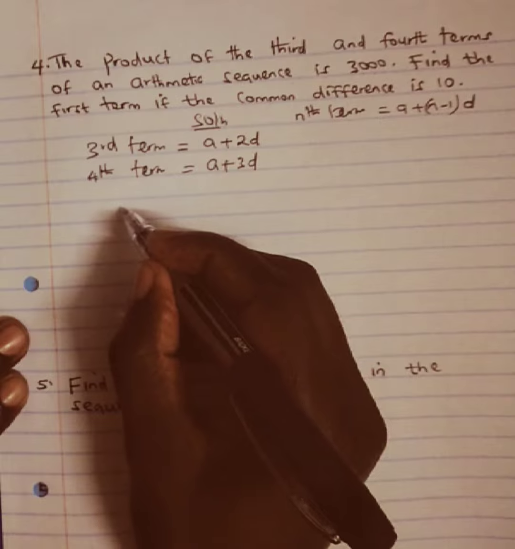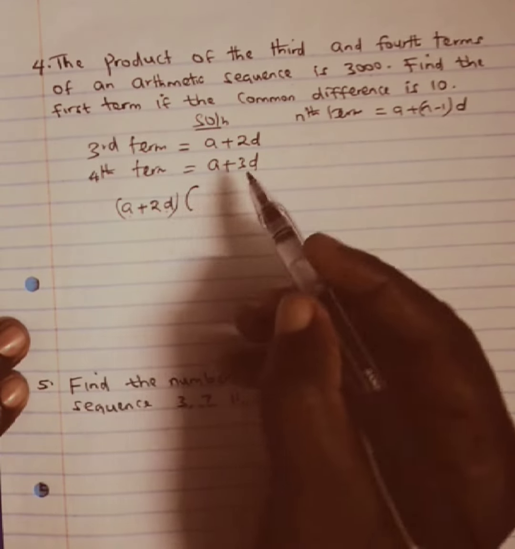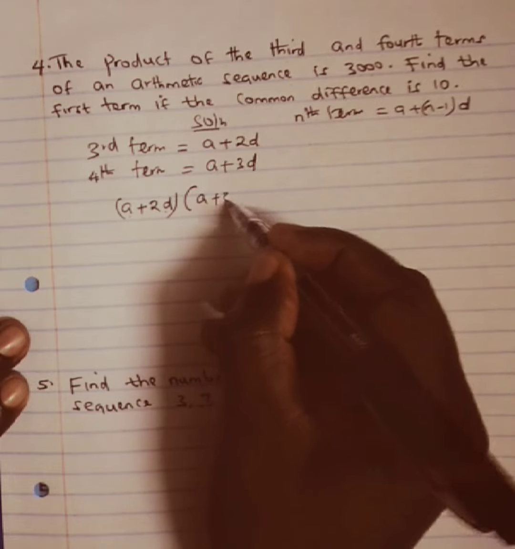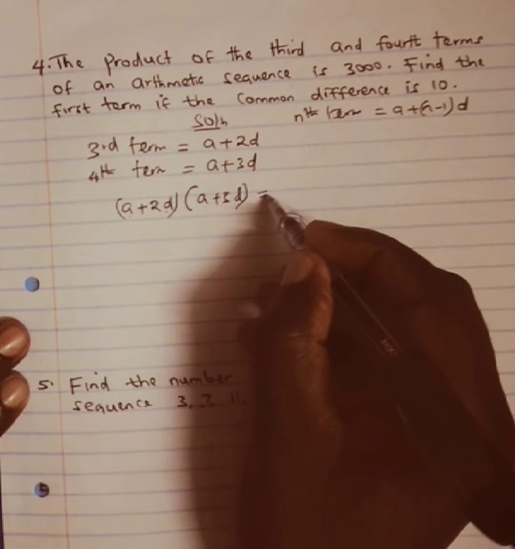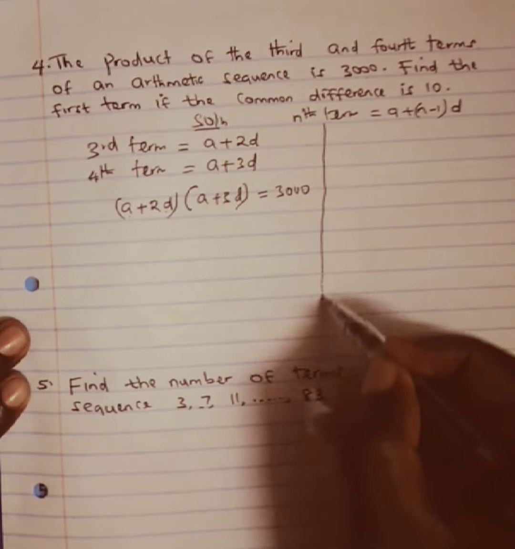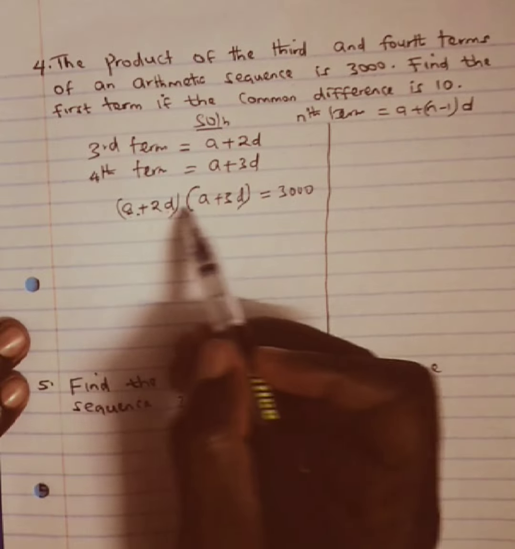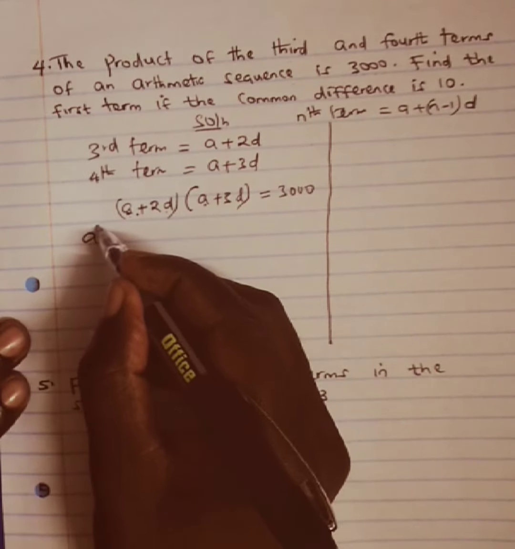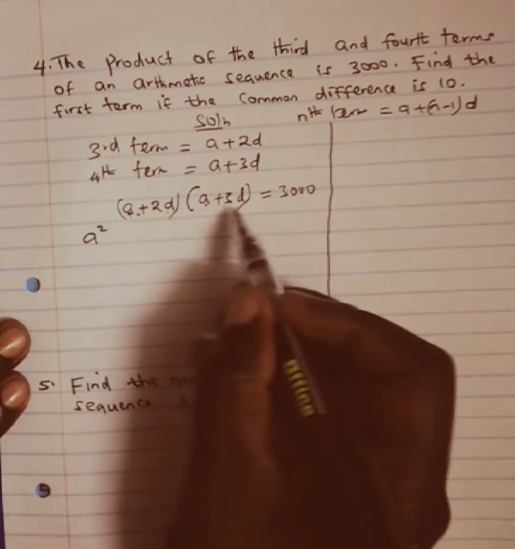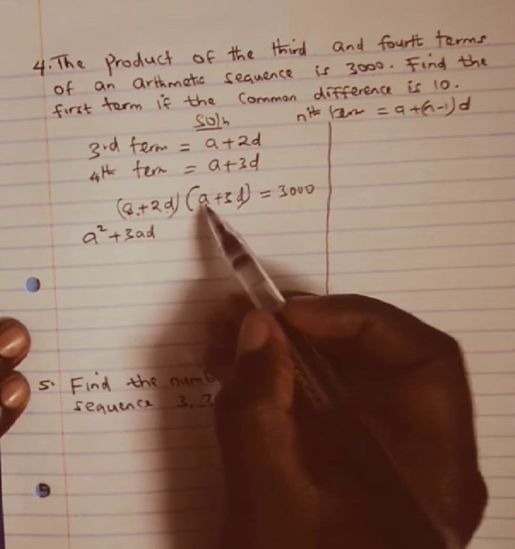That means if we take a plus 2d, we multiply by a plus 3d, this one is going to be equal to 3000. If we expand the two brackets, we have a times a, which is a squared. Then a times 3d, you get 3ad.